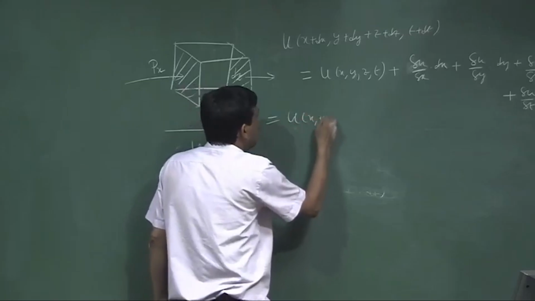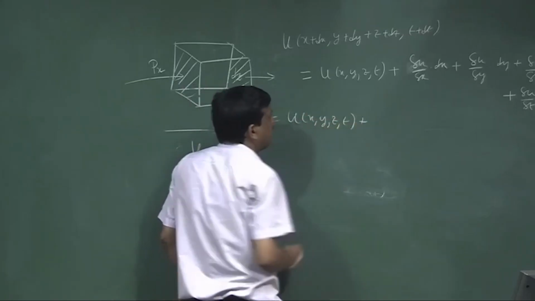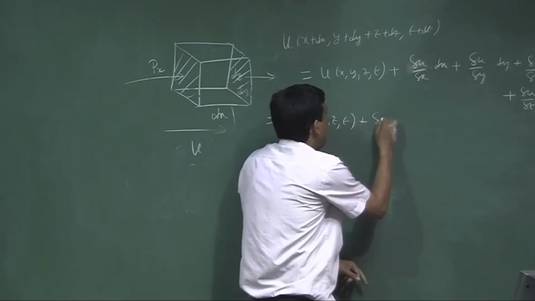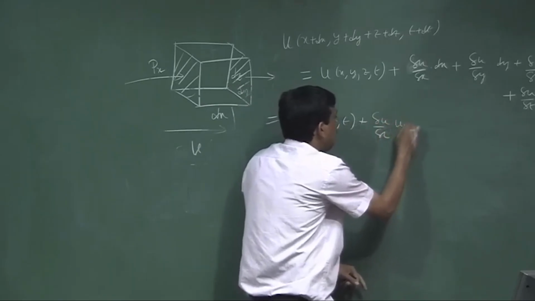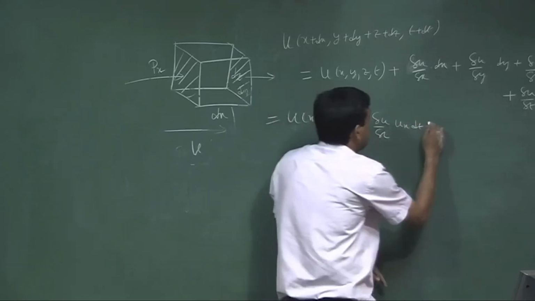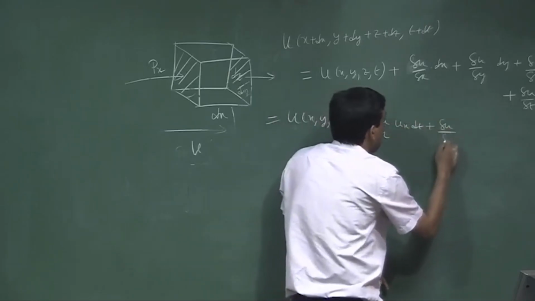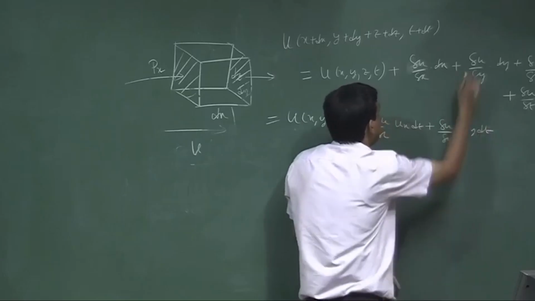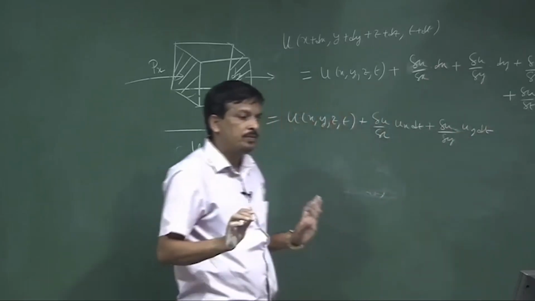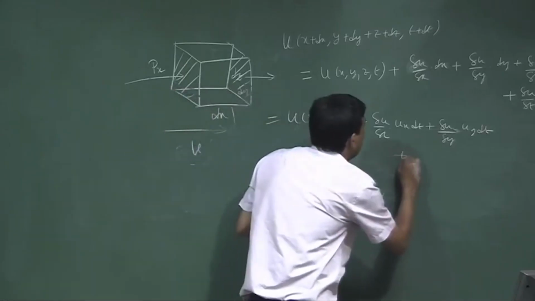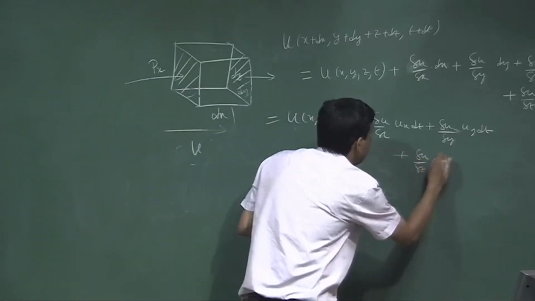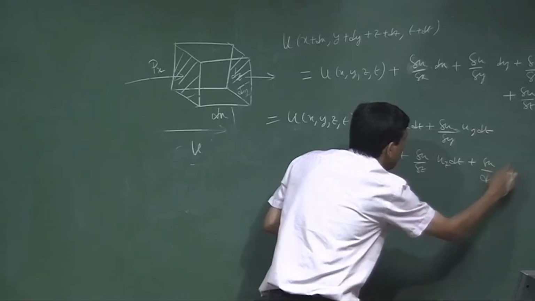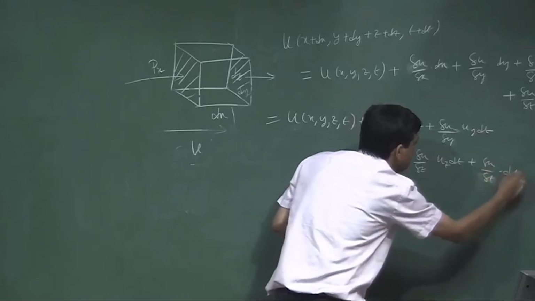So, that equation becomes u at x, y, z, t plus del u by del x into ux dt plus del u by del y into uy dt plus del u by del z into uz dt plus del u by del t into dt. So, dt is common.